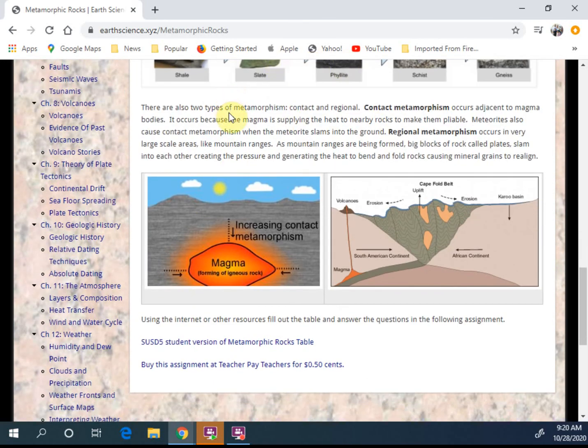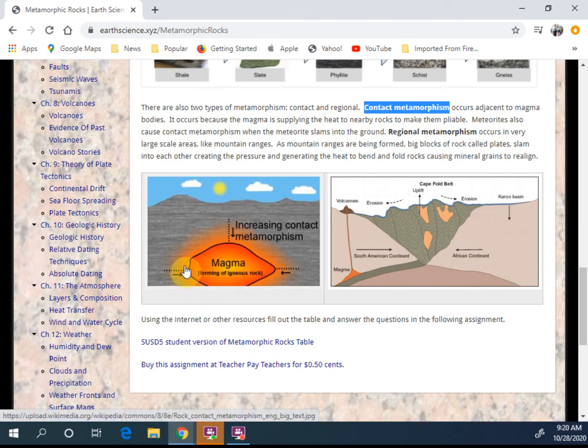Now, there are two types of metamorphism. One is contact, and the other one is regional. By definition, contact metamorphism occurs adjacent to magma bodies. So this is a magma body deep underground, all molten rock.